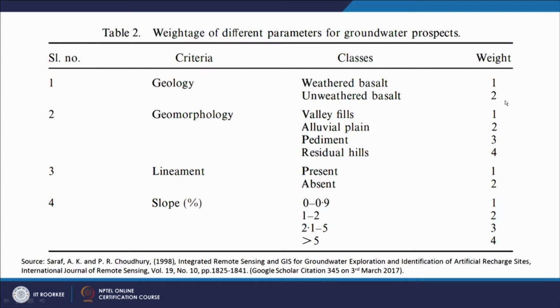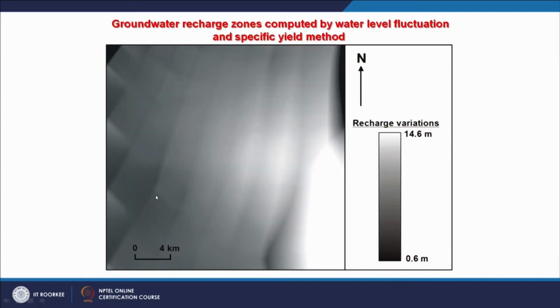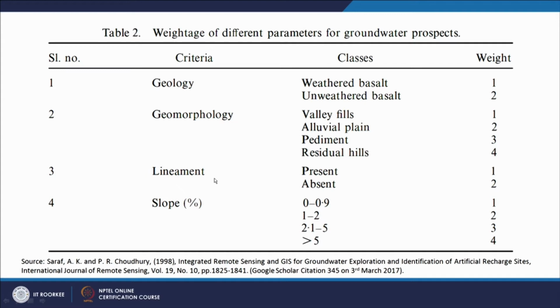And from the groundwater point of view, different weights have been assigned. So unweathered basalt is more suitable as compared to weathered basalt, and therefore more weight has been assigned. Similarly for geomorphology, similarly for lineament, similarly for slope. One is coming from the digital elevation model, another from satellite image interpretation. This is also coming from satellite image interpretation. The geology map might be coming from the Geological Survey of India or some other sources.